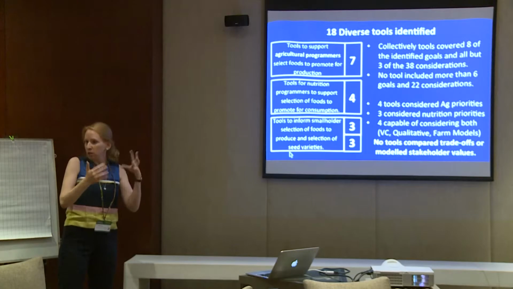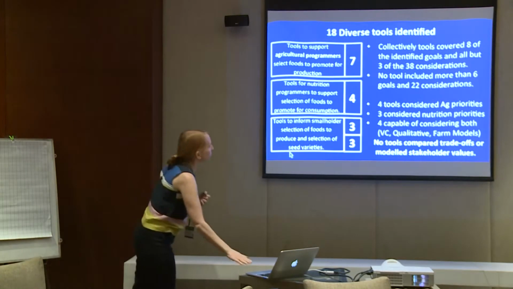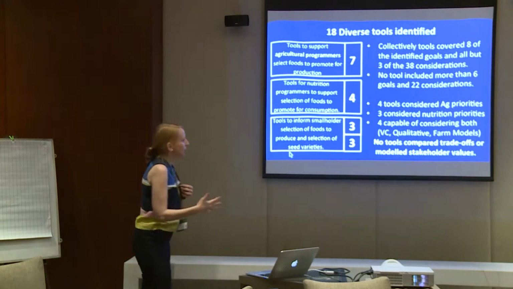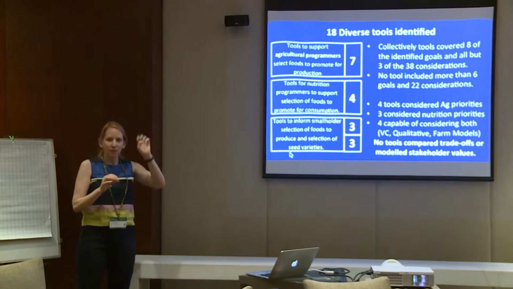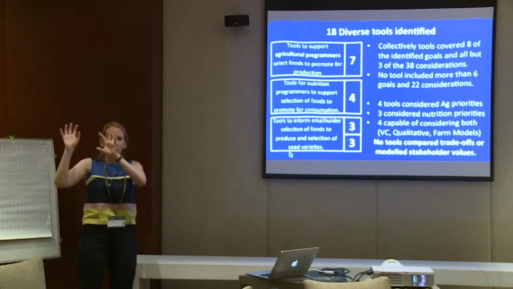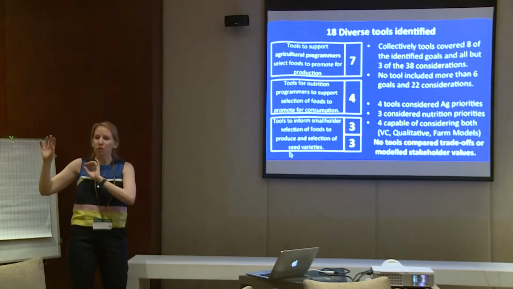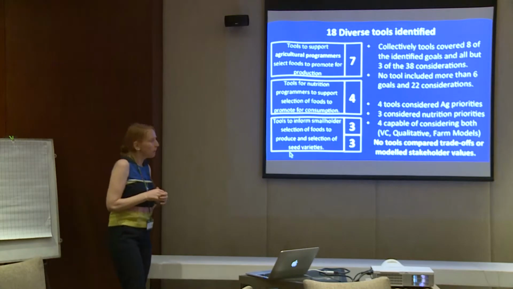But they were still interesting to look at in terms of what the pros and cons were of these different tools. As I said, there were no tools that compared trade-offs. So if you picked one particular combination, which of your criteria would look good and which of them would not look so good, and so what might help to adjust your decision there as to what you choose.